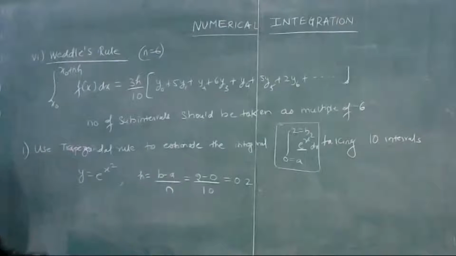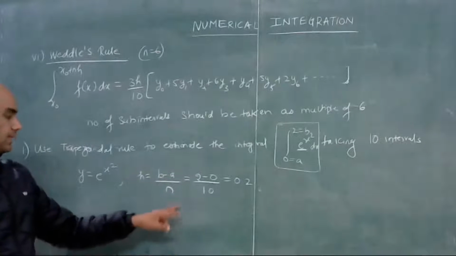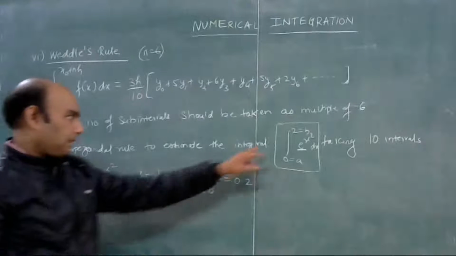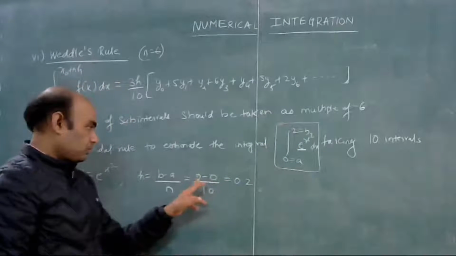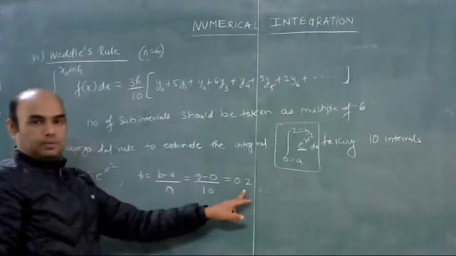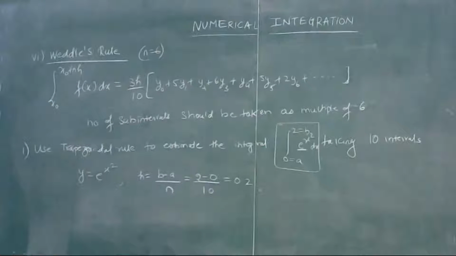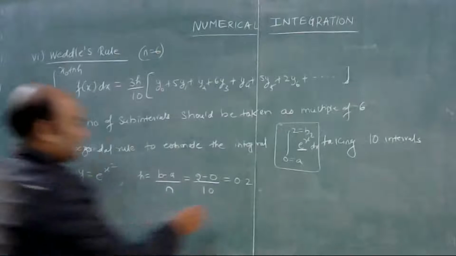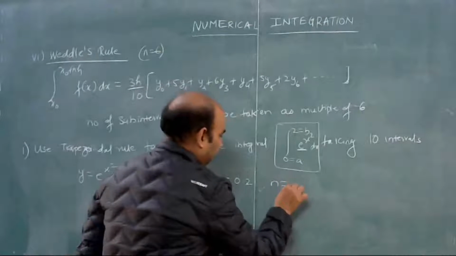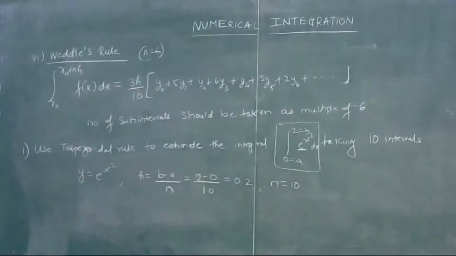It is given in the question that the number of intervals is 10. So the upper limit is 2, the lower limit is 0, so 2 minus 0 divided by 10, so it is 0.2, and n is given as 10. So we have to apply the trapezoidal rule.